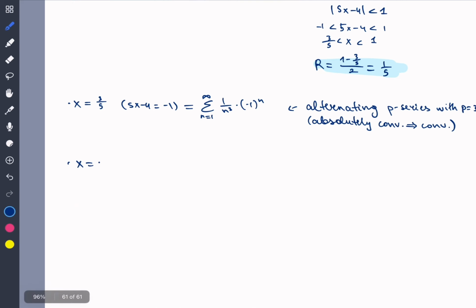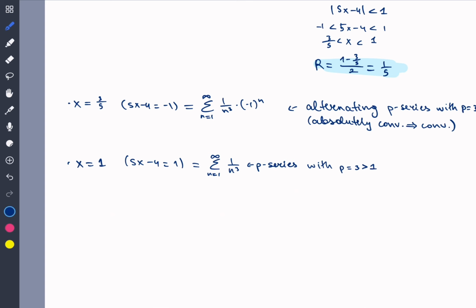We check the second point, which is 1, and in this case we have our sigma from 1 to infinity of 1 over n cubed, which is a p-series with p greater than 1, where p is just 3, which also means it is convergent.